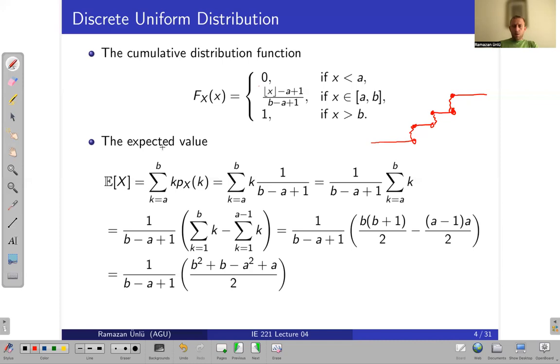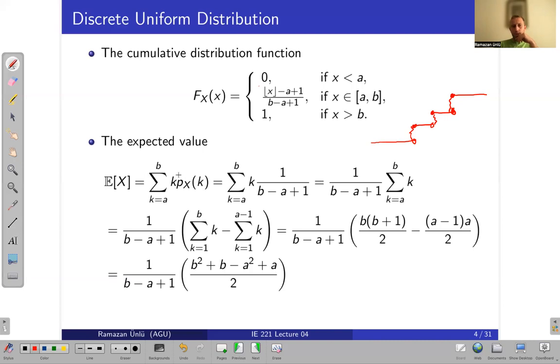Okay, so how can we calculate the expected value of the uniform distribution? So what is the expected value? The expected value is the sum of the individual values times their corresponding probability, right? So let's say k is the value X can take, starting from A to B, and we have some corresponding probability.